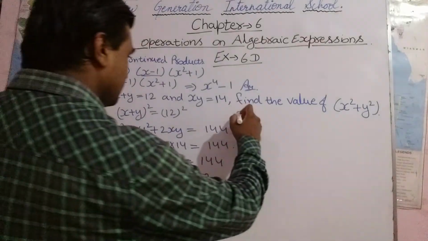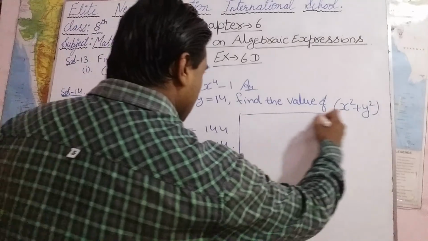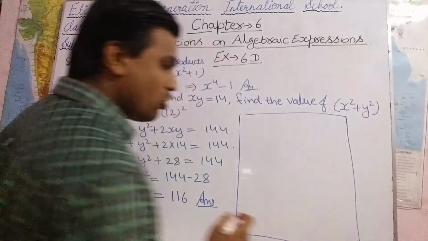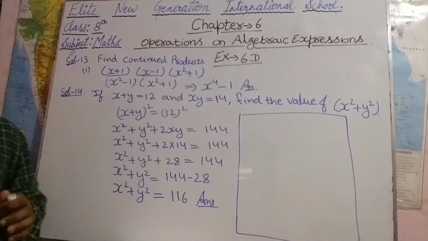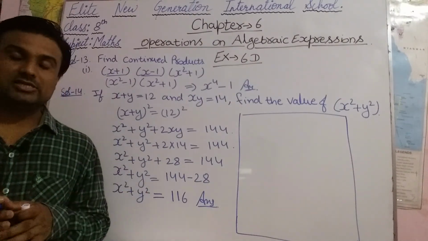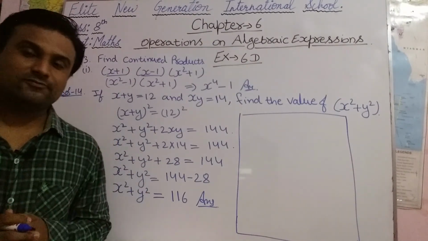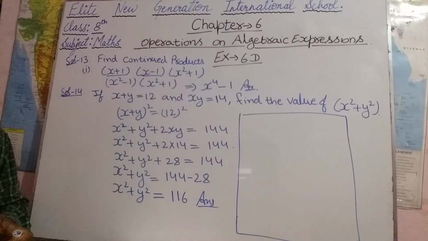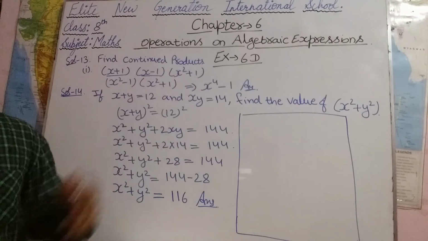Now your homework. After this, our chapter is finished, and the last exercise is optional. In this optional exercise, at least the starting 10 questions you have to try. So the starting 10 questions you can try in the optional exercise, that is exercise 6E.